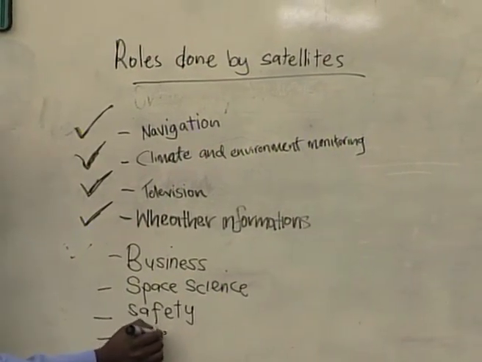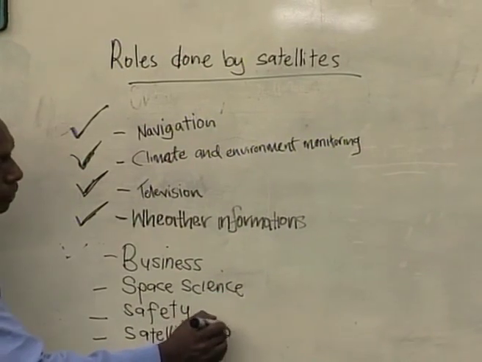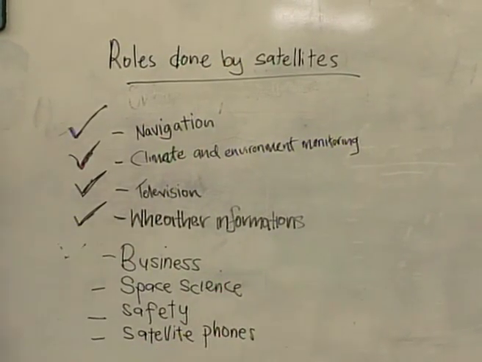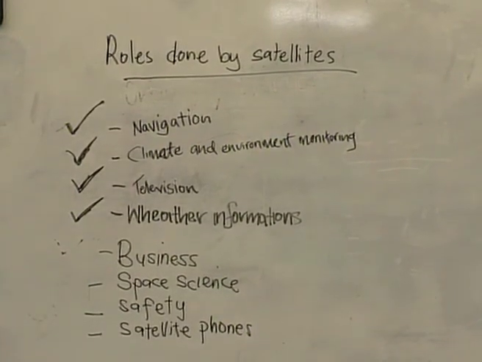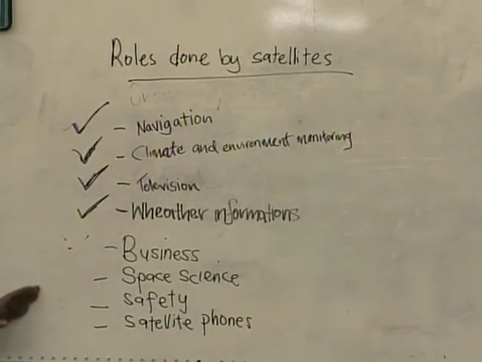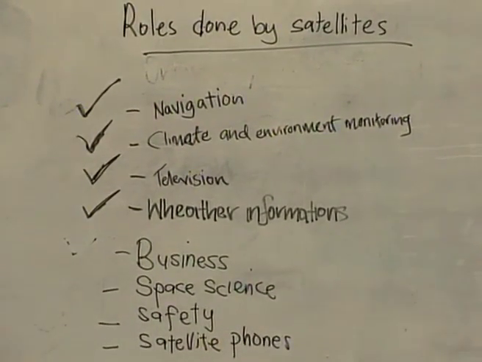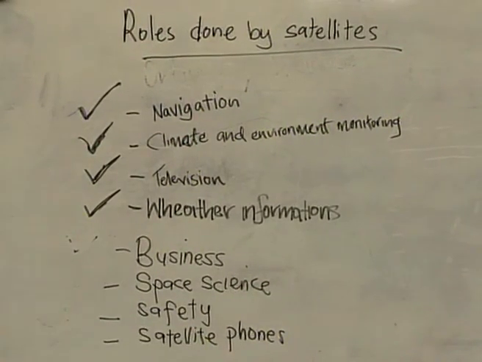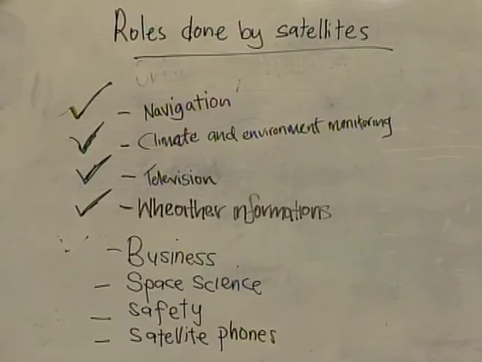And of course, we use it through satellite phones. So if you were listening very carefully and taking down your notes, you would have a list of these. Of course, there are others, but these were the main ones in today's lesson. If you got more than 4, 5, 6, you have beaten the model class. They came up with only 4. Good.